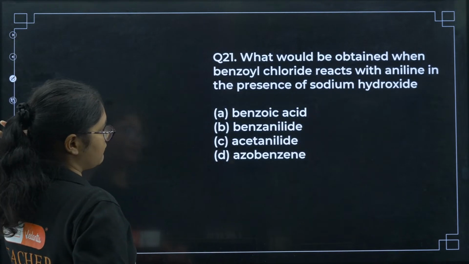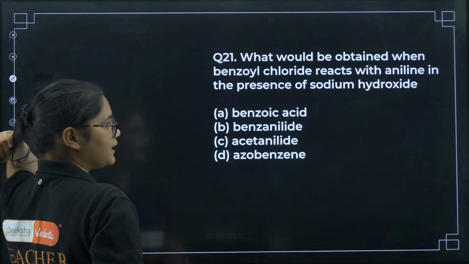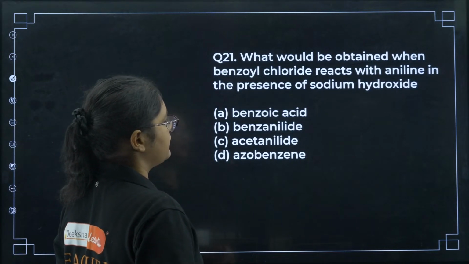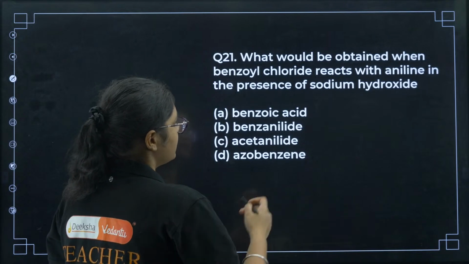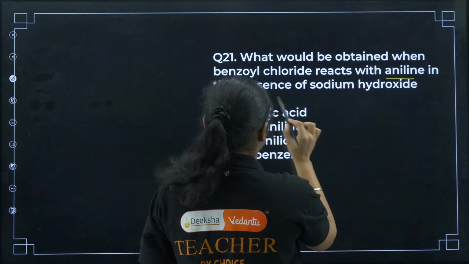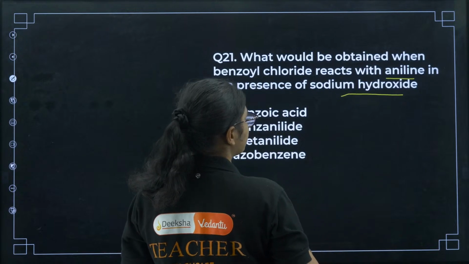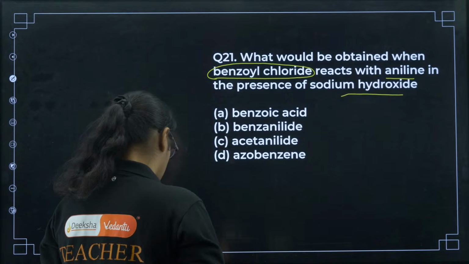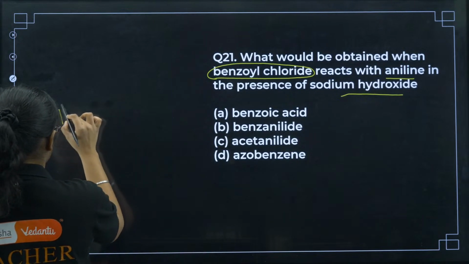Next, question number 21. What would be obtained when benzoyl chloride reacts with aniline in the presence of sodium hydroxide? This is a very important question.